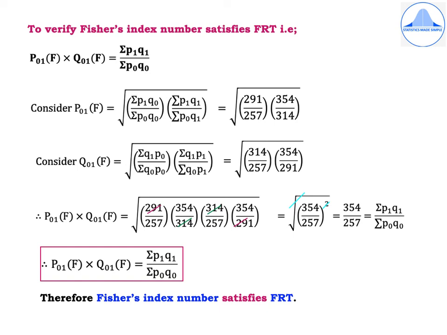Then the square and the square root get cancelled, which leaves us with 354 by 257, which is nothing but summation P1 Q1 divided by summation P0 Q0. Therefore, P01 of f into Q01 of f is equal to summation P1 Q1 divided by summation P0 Q0, and Fisher's index number satisfies FRT.